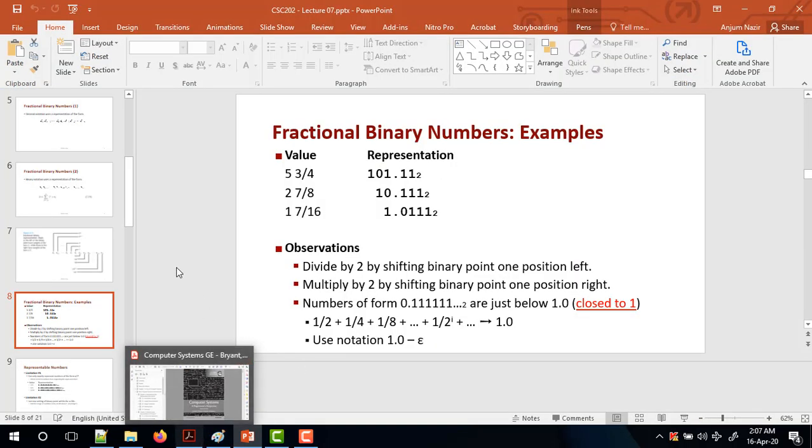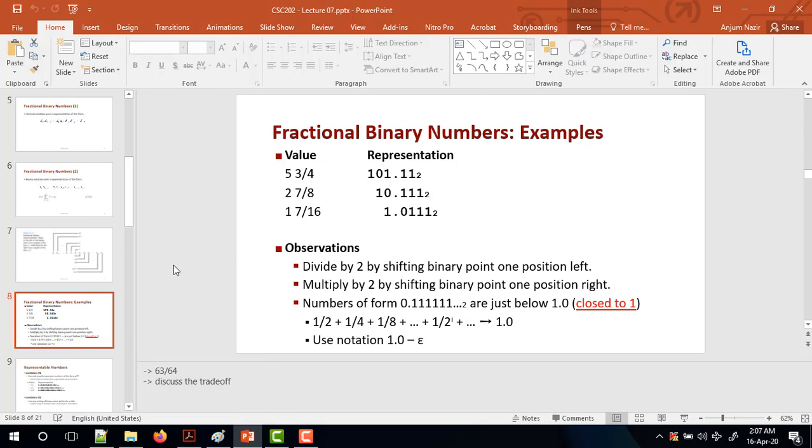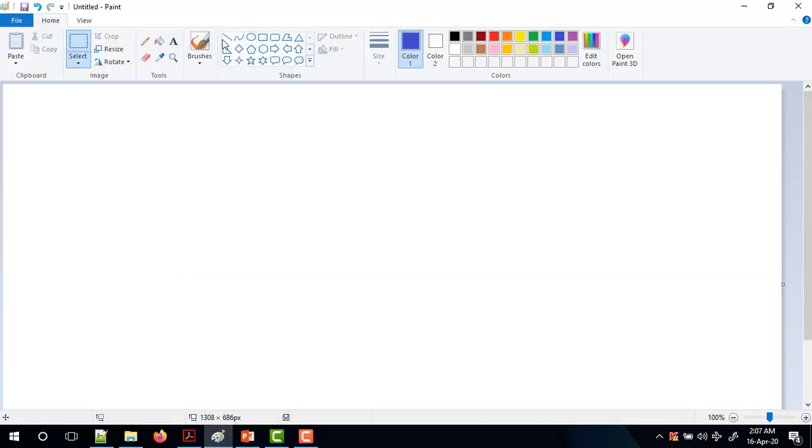For example, let's say that I have a number 0.111111 in base 2, and I want to convert this number into a decimal or fractional number.